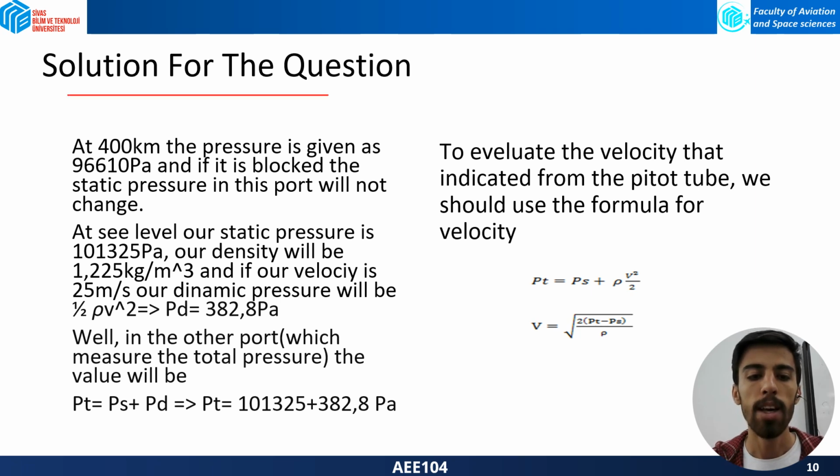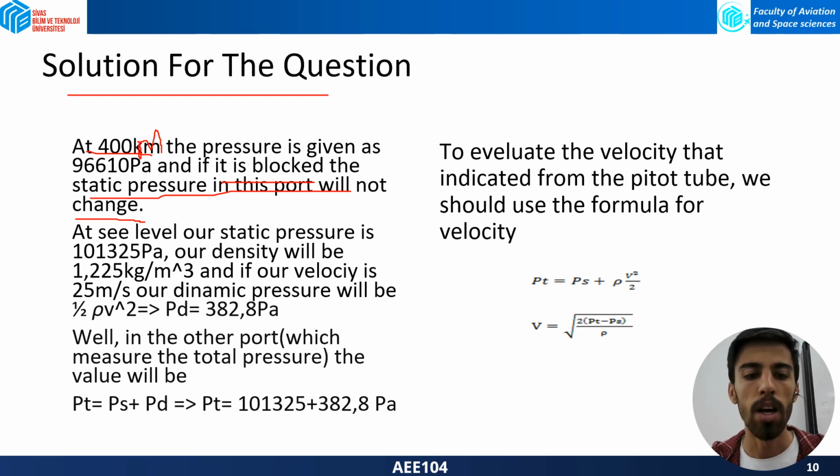Solution for the question: at 400 meters, I wrote kilometer falsely, it's meter. At 400 meters, the pressure is given to us as 96610 Pascal, and if it's blocked, as I mentioned, the static pressure in this port will not change. It will be constant, but on the other port, which we call diaphragm, the static pressure is changing.